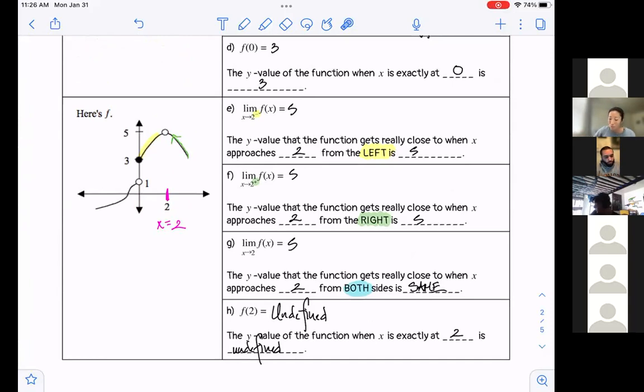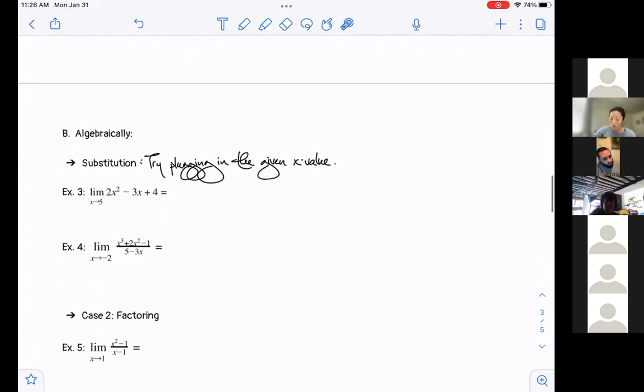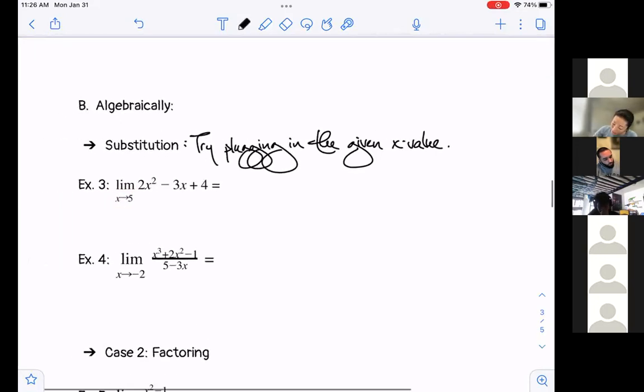And if we look at the non-weird points, all we're doing is just plugging in the value, okay? In other words, we're saying, let's see if this is the same as f of 5 in the first one. Instead of saying, what happens as we get really close to 5? Let's say, what happens at 5? Let's try that first.